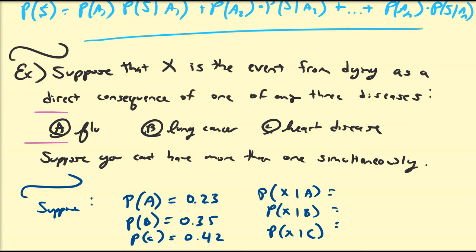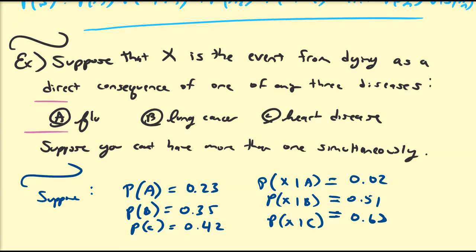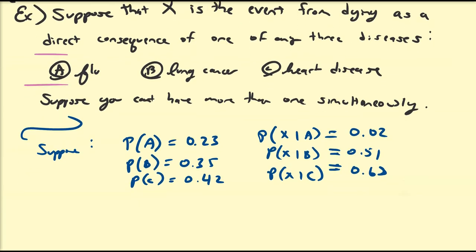What do they mean? What is the probability of death, assuming that you have the flu? That is, if you have the flu, what is the probability that you die from it, right? So let's assume that these numbers are 2% chance, 51% chance, and 68% chance. Assume. If you want more realistic data, you can definitely research that on your own.